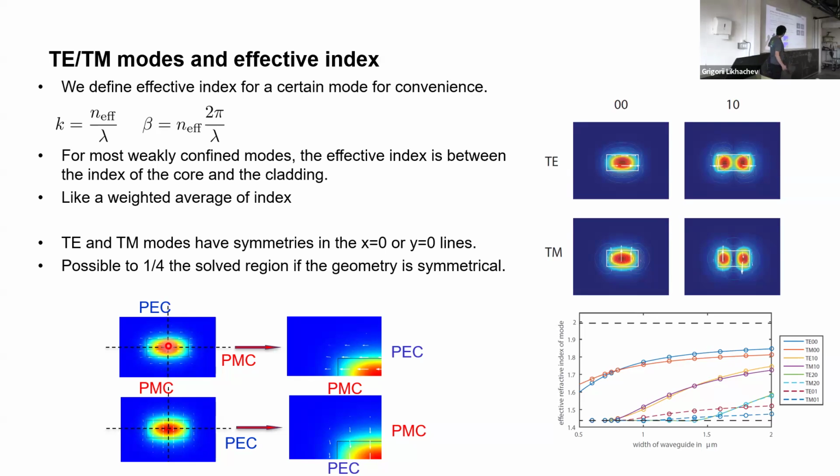Also, if it's a TE mode, then the magnetic field can only be vertical at the y equals 0 line. You can then cut it in half here and set this to a perfect magnetic conductor, which forces the solver to let the magnetic field be perpendicular to the boundary.